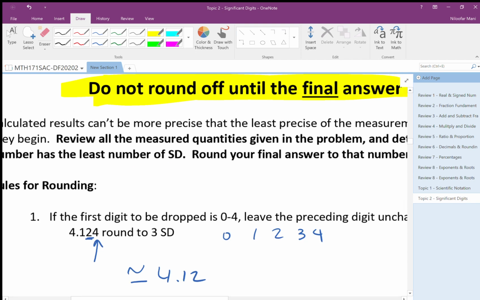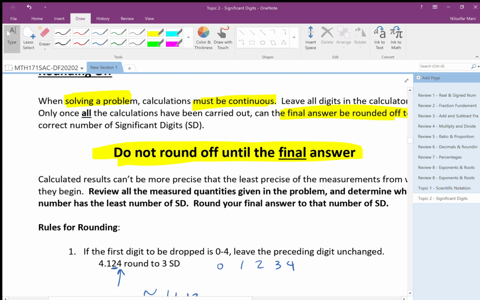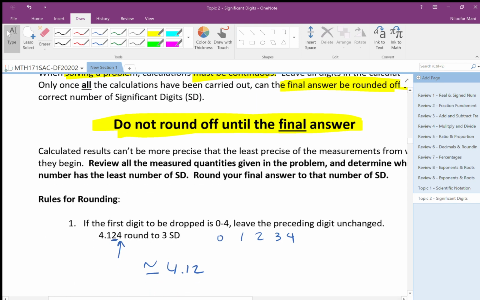So the first thing I want you to keep in your mind is carry all the digits in your calculator until the end. Finish all the calculation. Don't round in between. Don't round in the process. Don't round step by step. No, no, no. I don't want to see that.